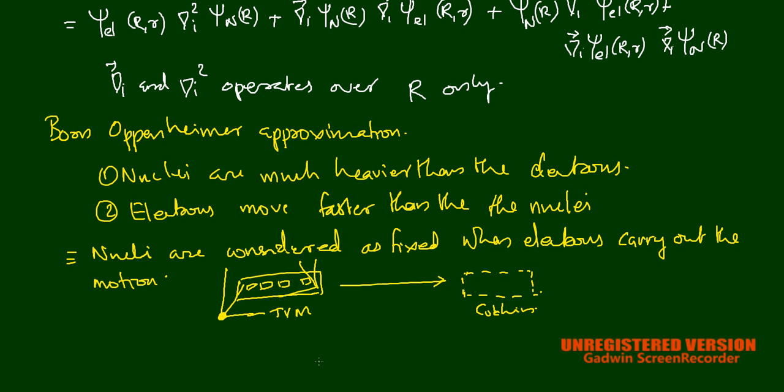If you are fixing the position coordinate at the bus stand, Trivandrum bus stand, then the bus will be in movement, because the position coordinates describing the steering of the bus will keep on changing. But if the coordinate system is fixed at the steering itself, then the steering is not moving. With respect to the coordinates, the x, y, z of the steering are not changing even if the bus is moving.